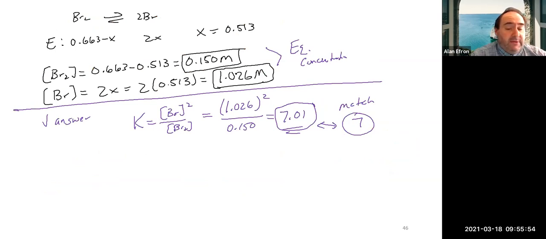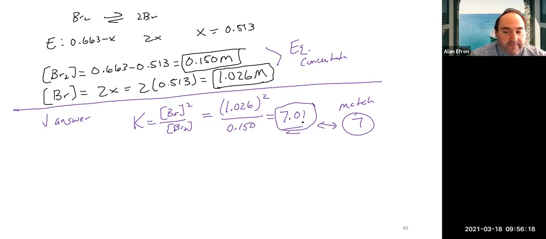Now, as we also talked about at the end there, you can then go back into the equilibrium expression and put in the correct values. So that one would go on top, that one would go on the bottom. And what you should end up with is an equilibrium constant value that pretty much matches the one that was given to you in the problem.